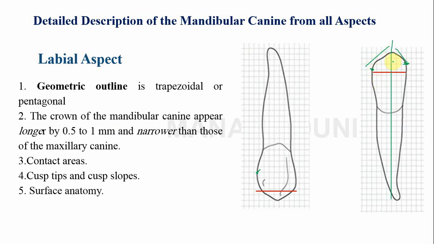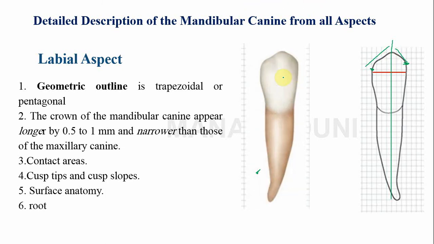Regarding surface anatomy, we have a labial ridge extending from the cusp tip to the cervical line. However, it's less prominent than that of the maxillary canine.